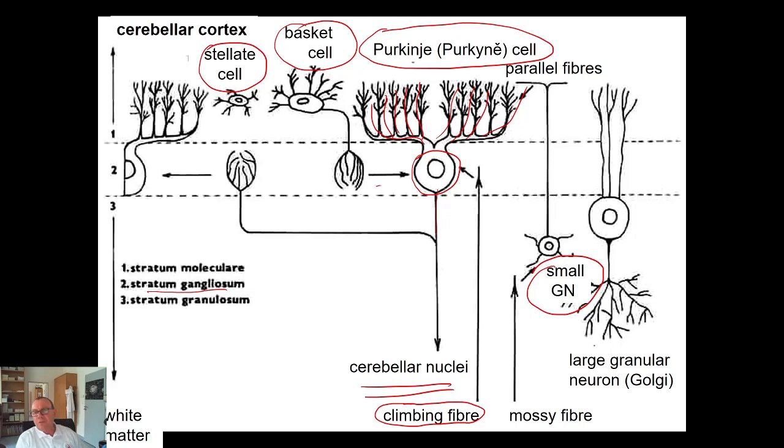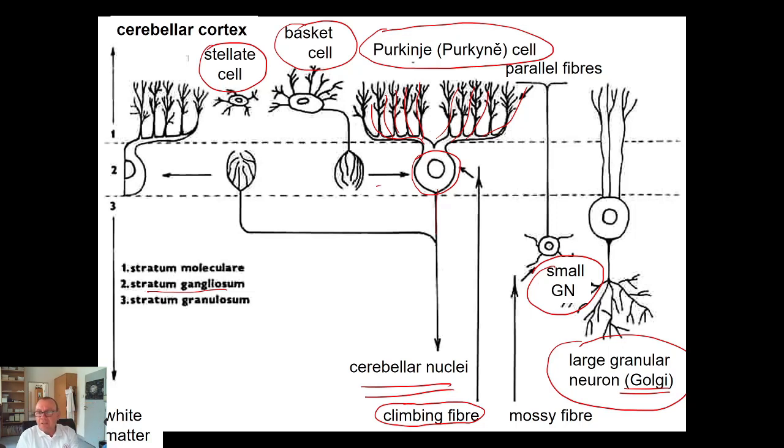Much less numerous are large granular neurons, which are also called Golgi neurons. They measure about 50 micrometers, so they are much bigger than small granular neurons, but still smaller than Purkinje cells, which can measure more than 100 micrometers.